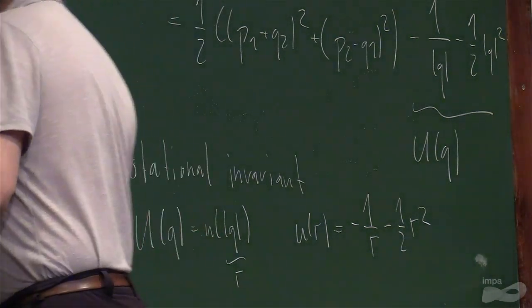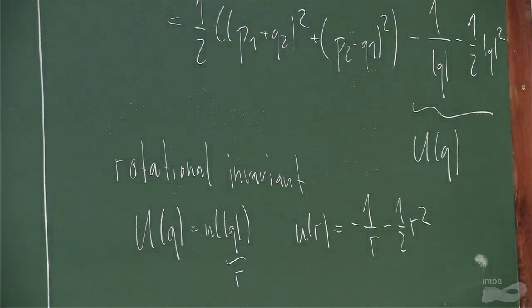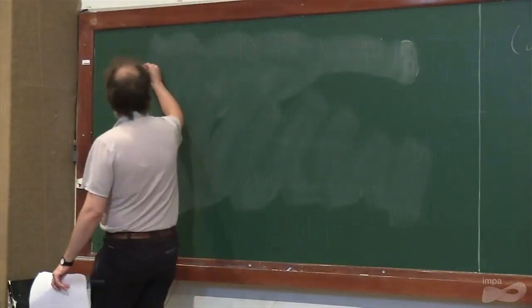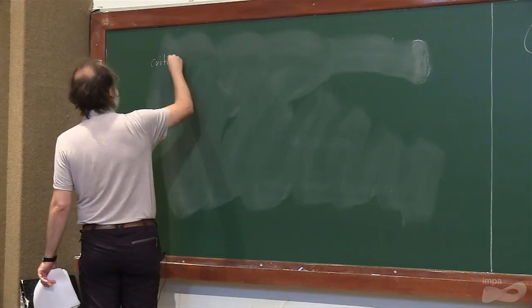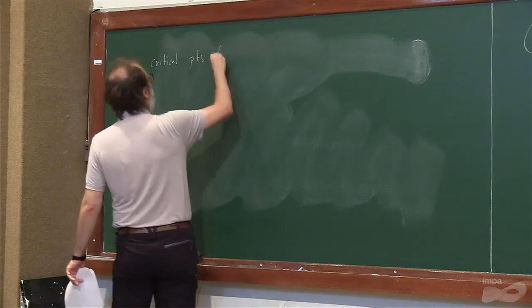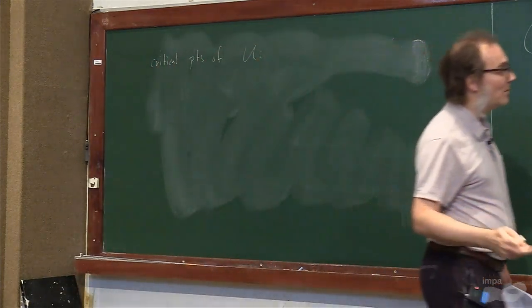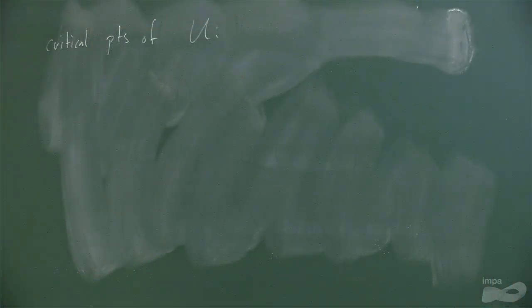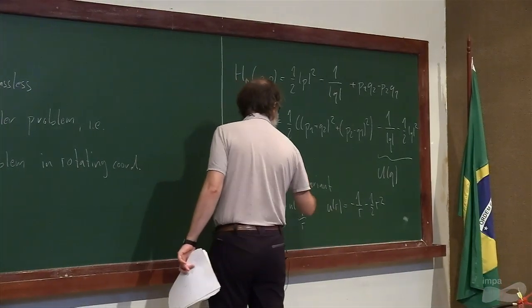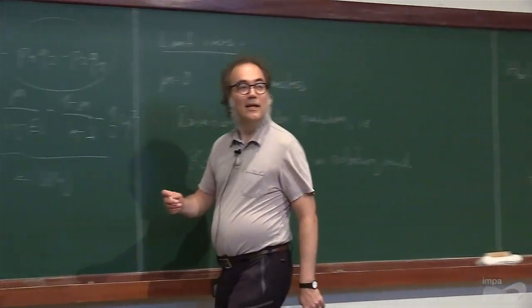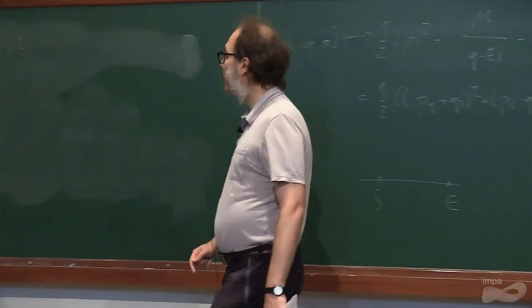And then if we look for the critical points of U, this is now different from before. Before we had these 5 Lagrange points. So in this special case where everything is rotation invariant, also the critical points will be rotation invariant.